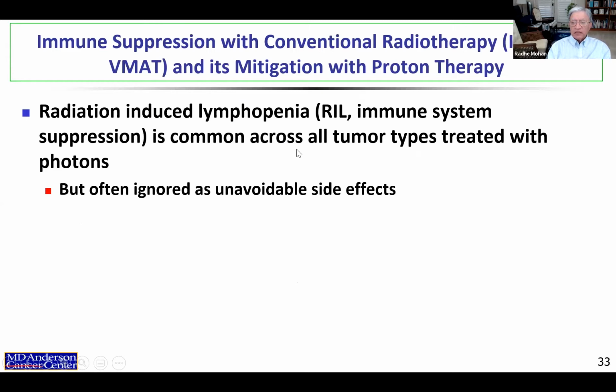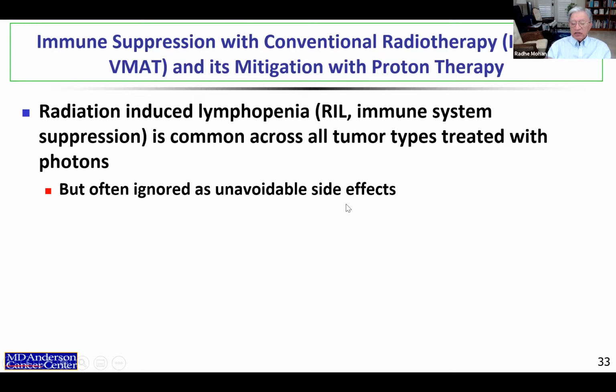Radiation-induced lymphopenia is very common across all tumor types treated with radiotherapy. But it's ignored and considered to be unavoidable. Although photon radiotherapy is curative, it has this side effect, which oftentimes patients recover from, but not exactly.